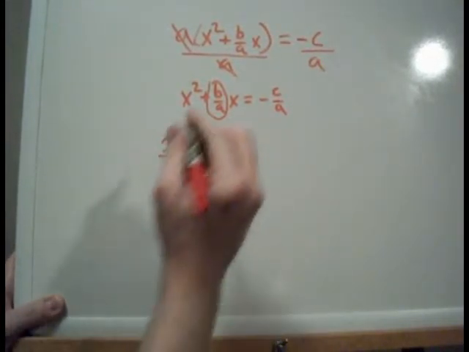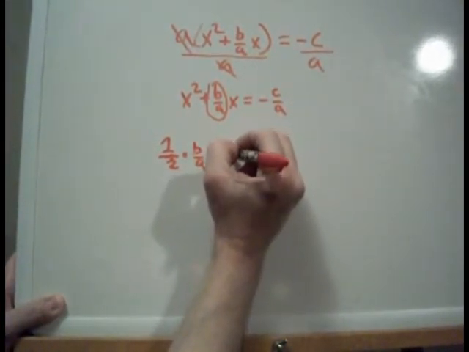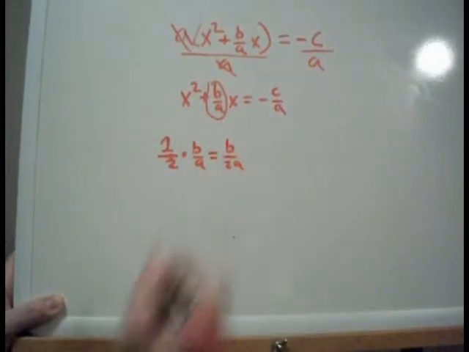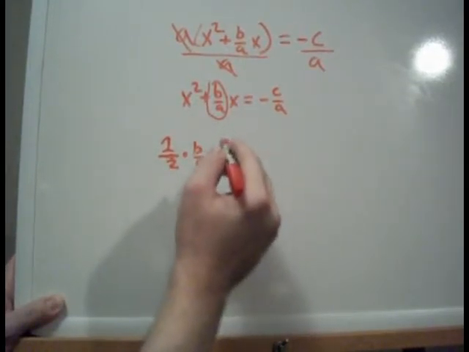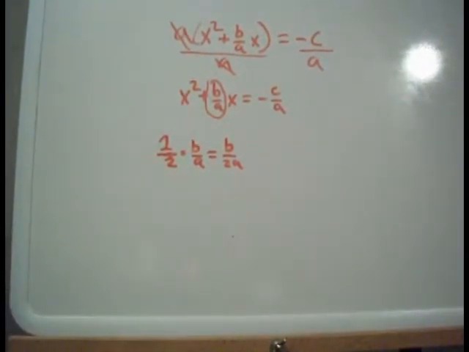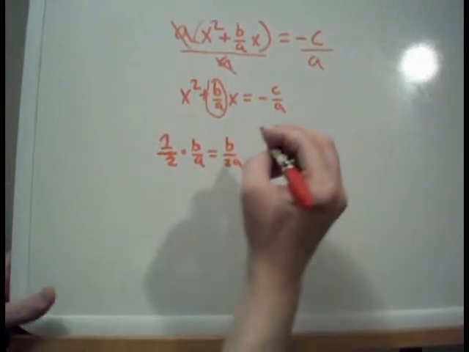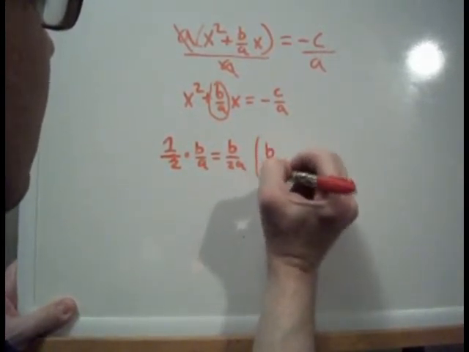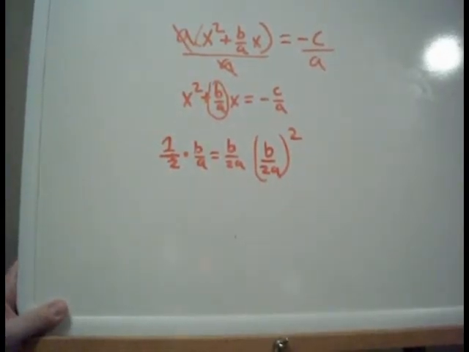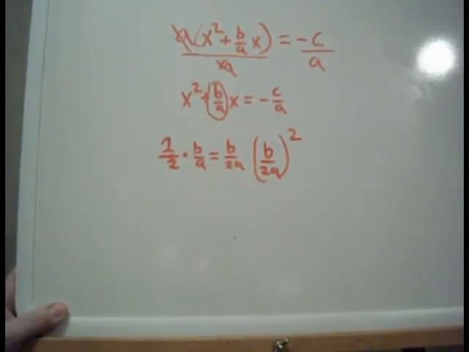So now we have b over 2a. But that's not the end of it. To make the final term here, we have to square this. So what is b over 2a squared? Well, I'll show you.